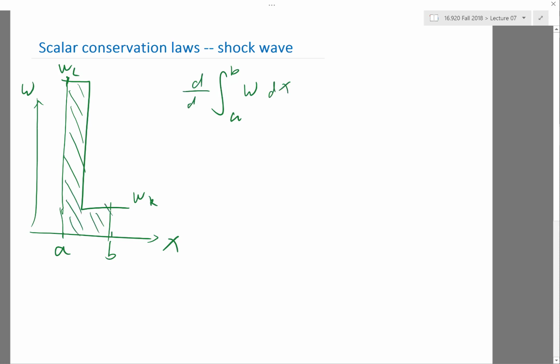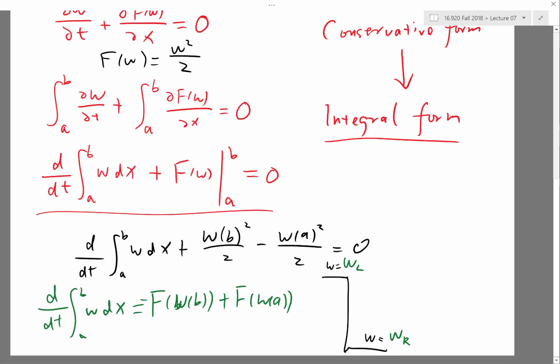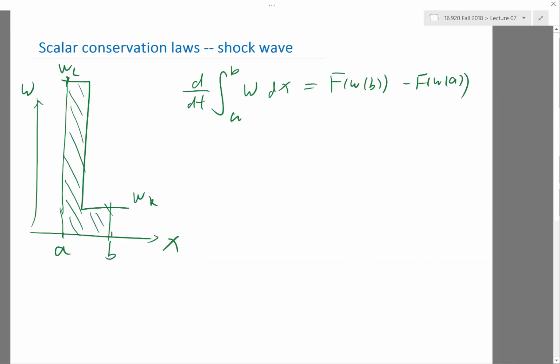Its time derivative is equal to F(WA) minus F(WB). That's what we just derived in the integral form. Opposite: A is moving in from the left and B is moving out from the right. So that's my flux.